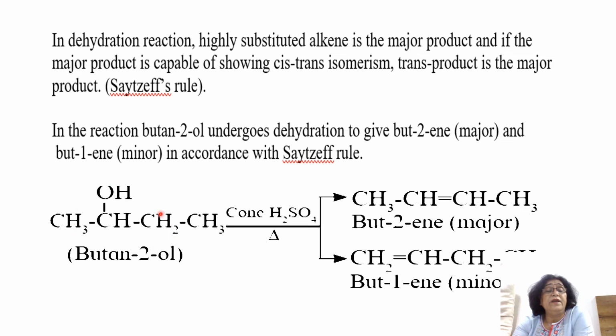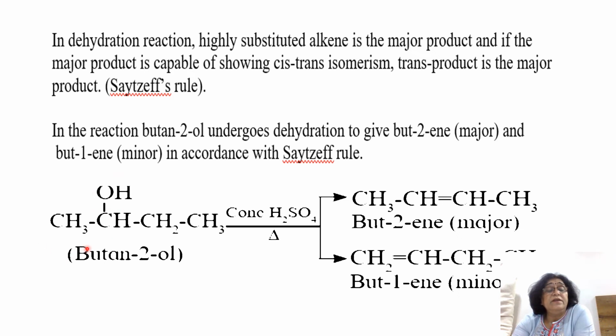So in this, what is happening? There are two beta carbons. This alpha carbon is having OH. So if the more substituted alkene is the priority, the OH is given out by the alpha carbon.